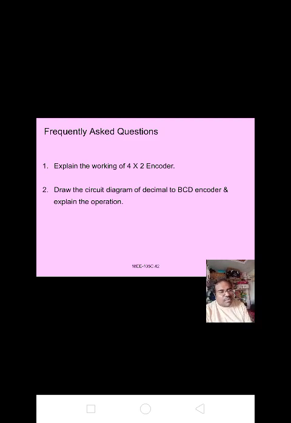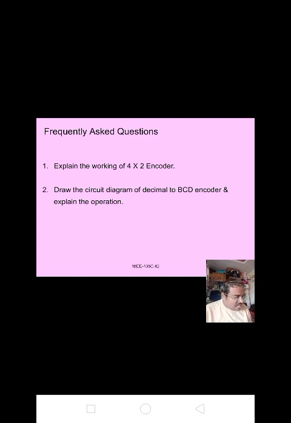Next, decimal to BCD encoder. This encoder has 10 inputs and 4 outputs, as shown in the earlier diagram. Each input is for a decimal digit, and each output corresponds to the BCD code.